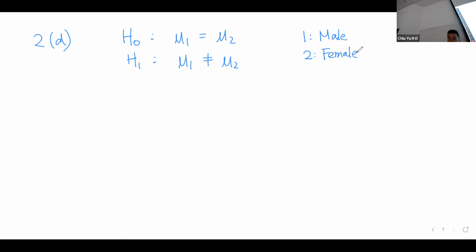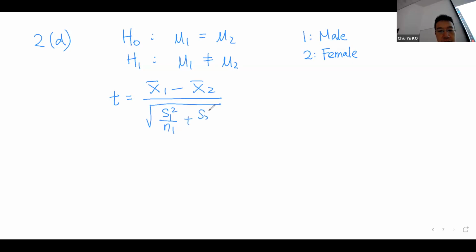So this is the notation we are using. And if you recall how we do this, the T will be x1 bar minus x2 bar over the square root of S1 square over N1 plus S2 square over N2. It will follow a t distribution with V degrees of freedom, and V is a monster that I'm not going to write down, but you can easily calculate that, which I asked you to do for the previous cohort.